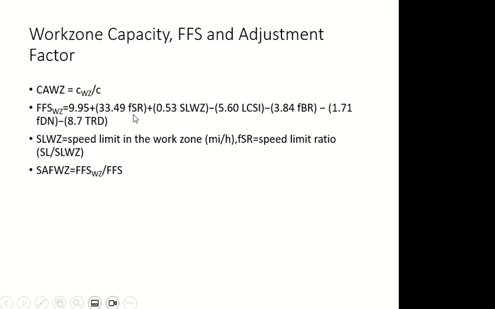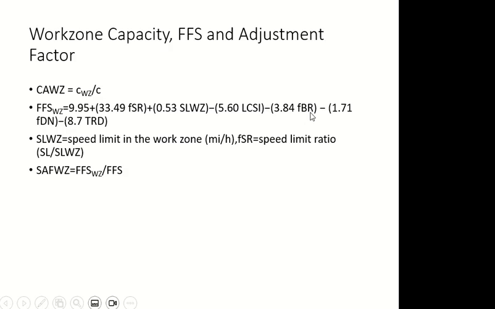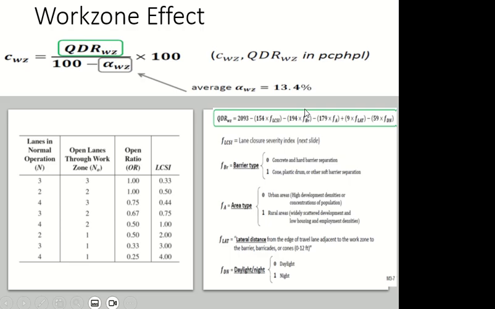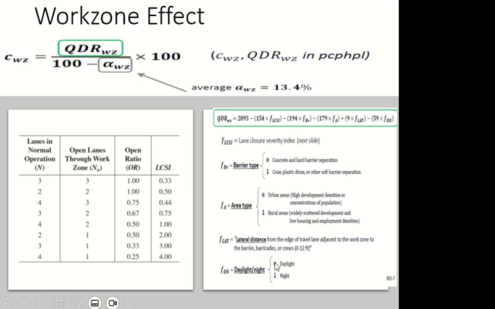FSR is a ratio, speed limit without work zone over speed limit with work zone. Then you have LCSI, which is from this table. Then you have the factor for barrier type, I already explained here. And then you have the factor for day and night, same thing as this one.